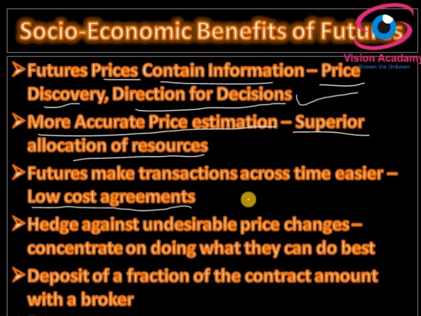They allow firms and individuals to quickly create low-cost agreements to exchange money for goods at a future time, and the transaction costs of trading futures are minimal relative to the rupee amount of commodity underlying most contracts. So from futures contracts, agreements become easier and less costly compared to anything else.